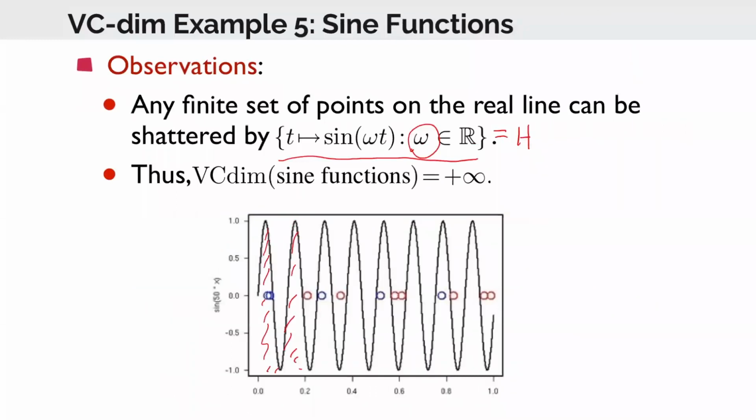Okay, so now we are done with the sine function. Any questions? If no, I think we will move on to the generalization bound of VC dimension, which is, again, a very simple extension from the previous generalization bounds.